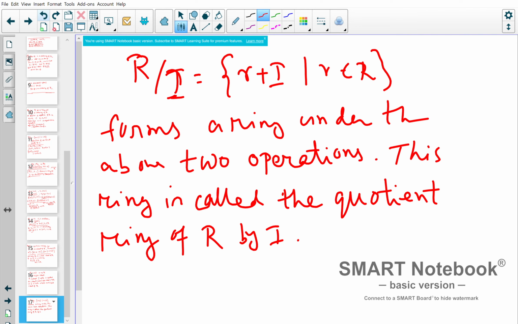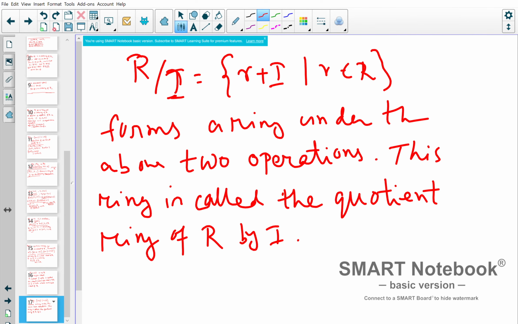Now maybe I will give you some examples first. One thing I also need to tell: I said that if that forms a well-defined property, then they must be ideals, right?